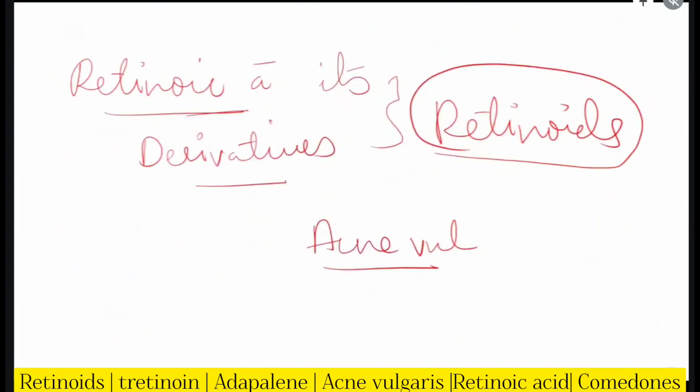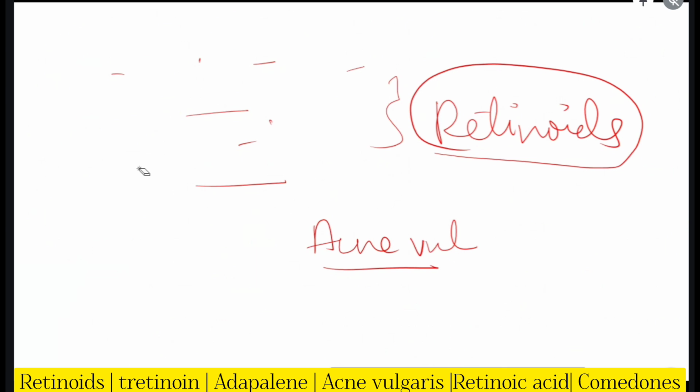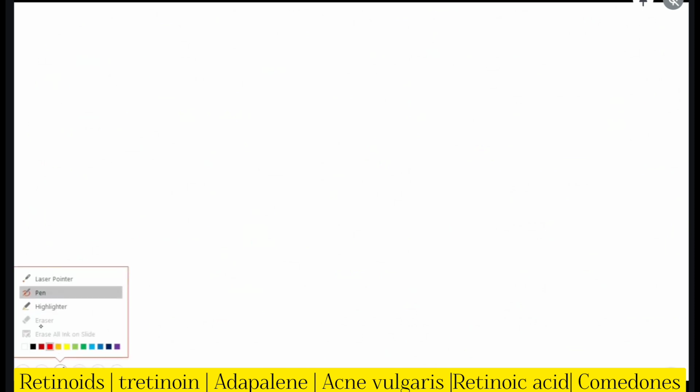Let me summarize some points about retinoids and retinoic acid. See, retinoids are the drugs which are used for acne vulgaris. They are very similar to vitamin A. So all these are considered as retinoic acid derivatives or retinoids. In these we have four generations.